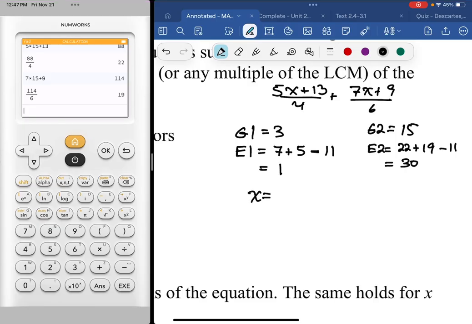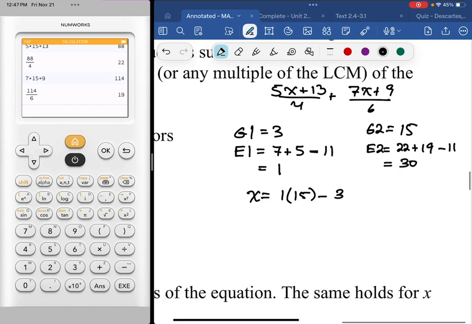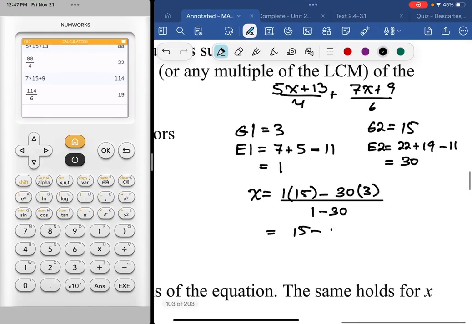So my x value is going to be my E1 times my G2 minus my E2 times my G1 over E1 minus E2. So 15 minus 90 over negative 29.